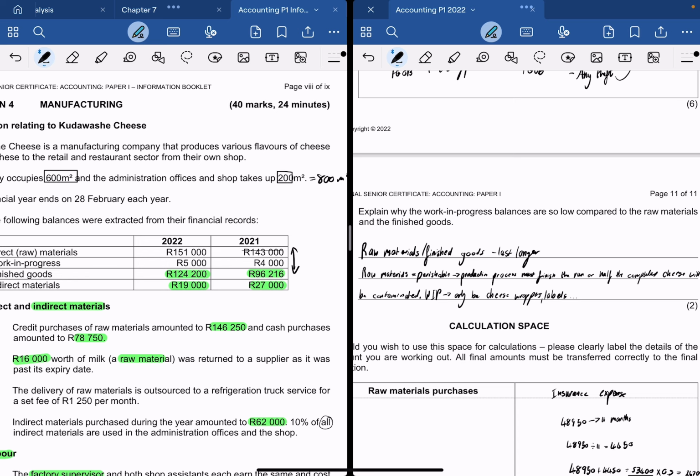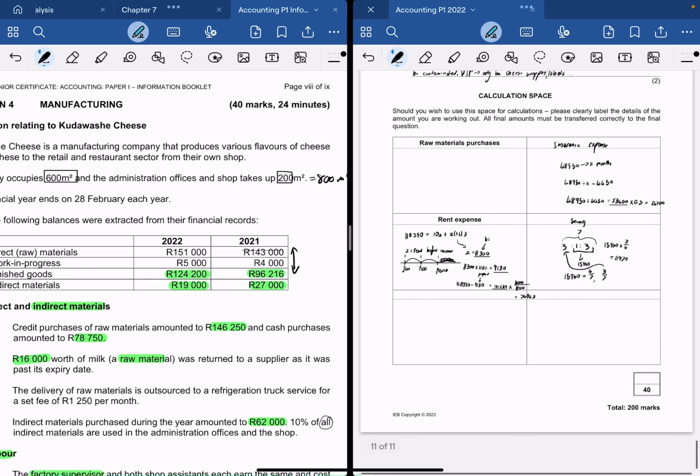So you just need to think about it in the context of this question. So first of all, obviously your ingredients like your long life milk, I don't actually know what goes in cheese, but stuff like that, that could stay on the shelves for quite a bit longer. Your finished goods could obviously stay in the fridge a lot longer. You can't get halfway through making cheese and just stop. That's not really how it works. So you don't have any work in progress. That's why the figure is so low.